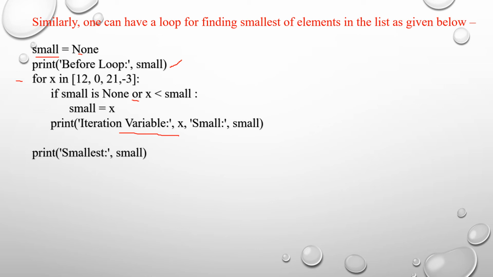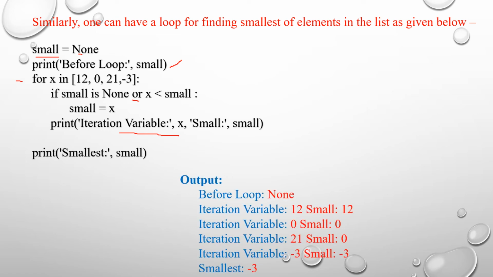For example, if you run this code, before the loop the interpreter will give the None value. After the first iteration, the first iterated value is 12.